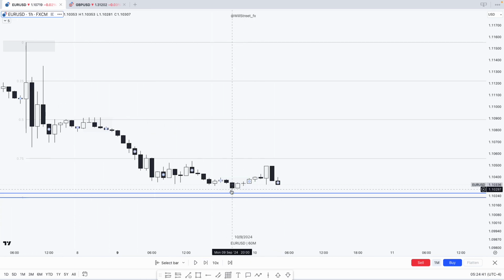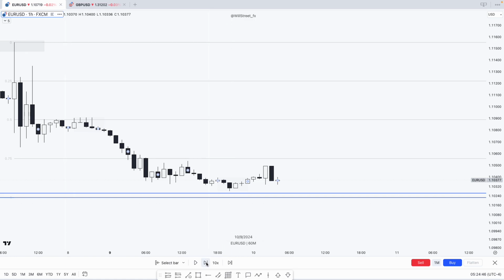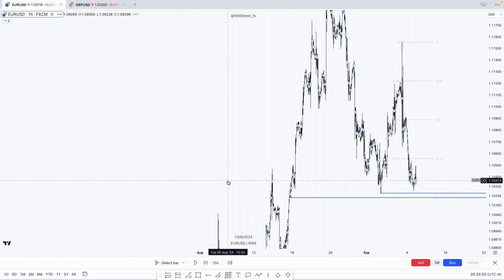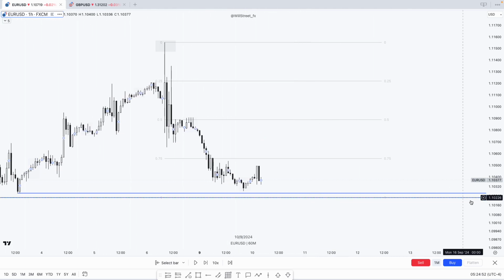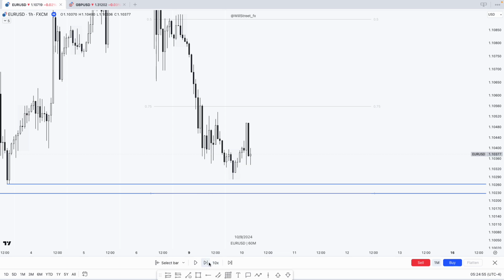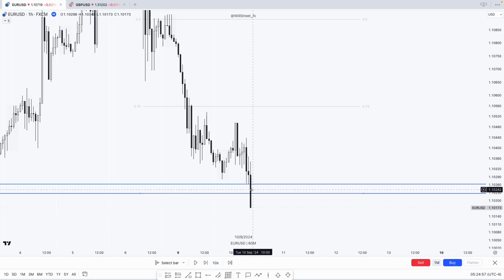Here you see that it fails to complete on Asia on Monday. So here it's just a retracement, it will never reverse because my drawn liquidity wasn't reached yet. And here it completes. So time-based exit.